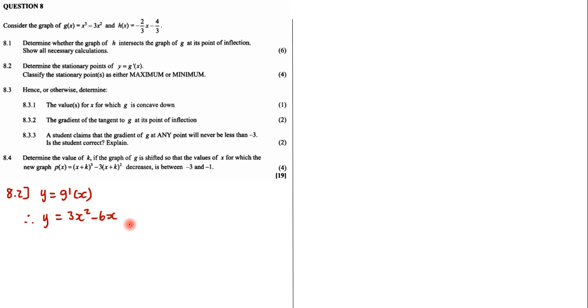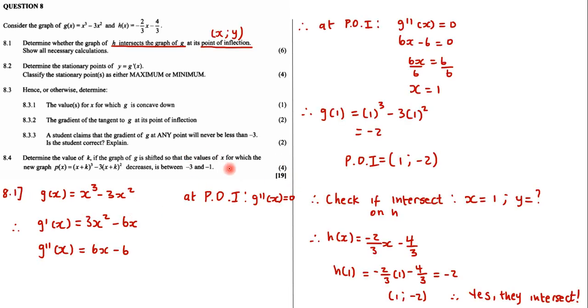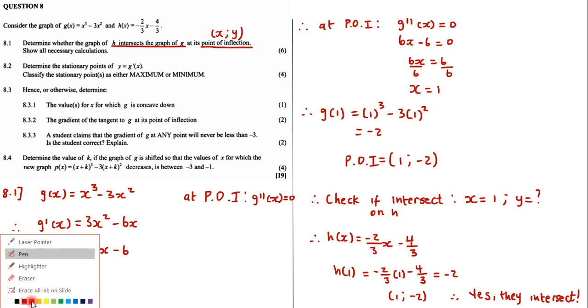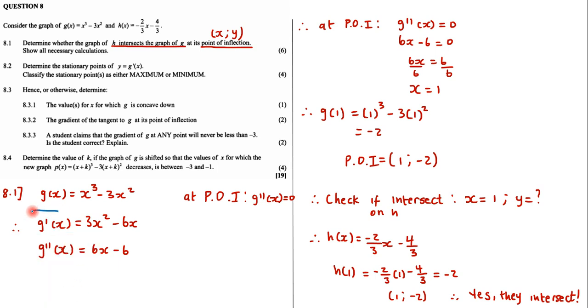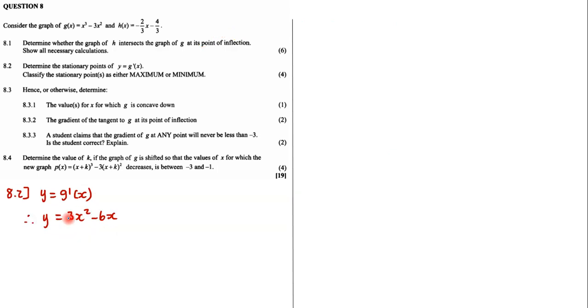If you're wondering where I got that, remember earlier we calculated our first derivative, and we said that it was 3x squared minus 6x. So all I did here was to substitute for the derivative of g and put in that value. So now we have this function at this point.